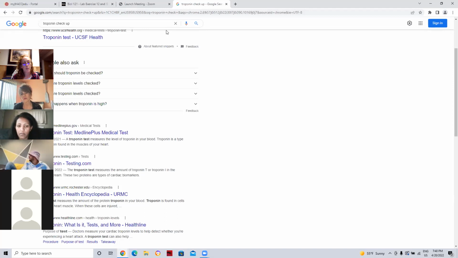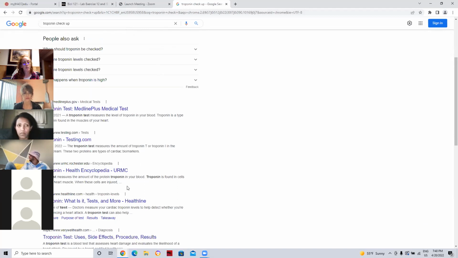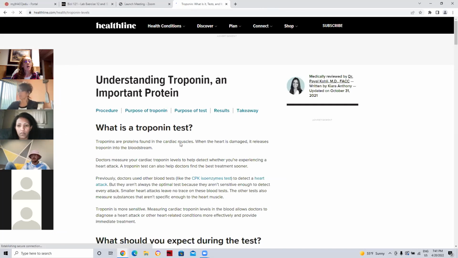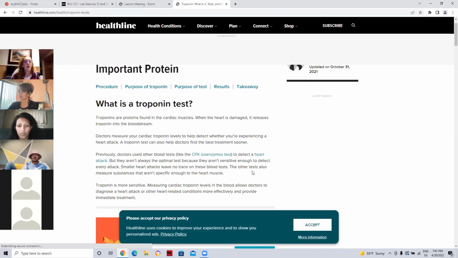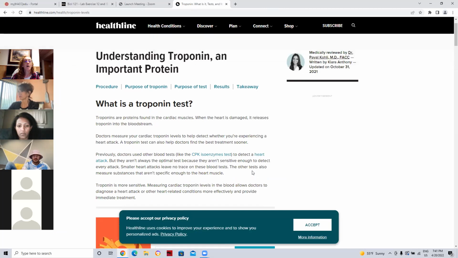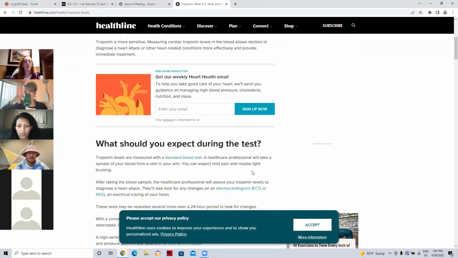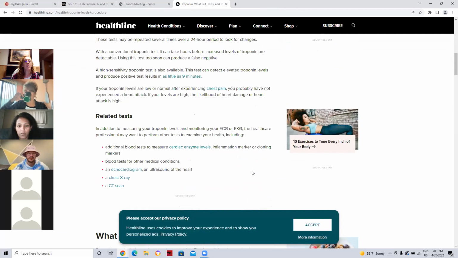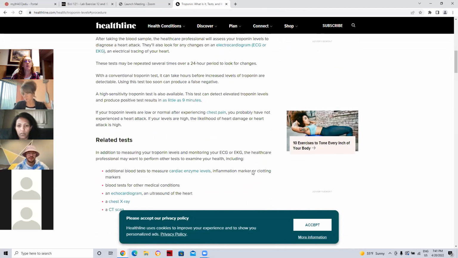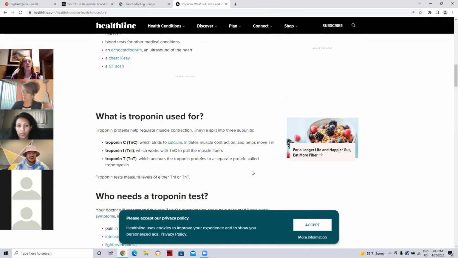I have a friend that works in the clinical lab setting at my former hospital, and she said they had a specific substance they used to put the blood work on the slide. I don't know the technical term, but they would put it on the slide and look to see the troponin levels. But they have a new machine now that automatically does it. They put the blood there and it reads it automatically.